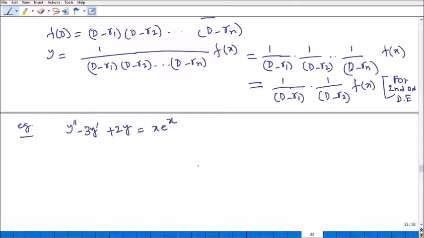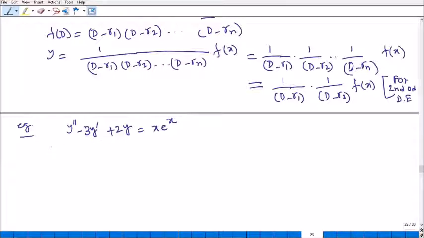This is a second order differential equation, and we have to find the particular solution using the successive integration technique in this operator method.